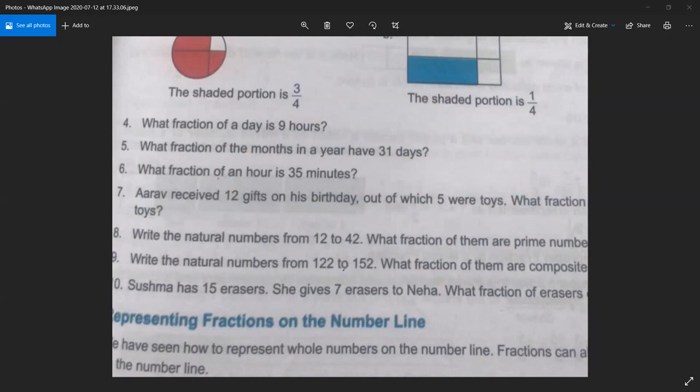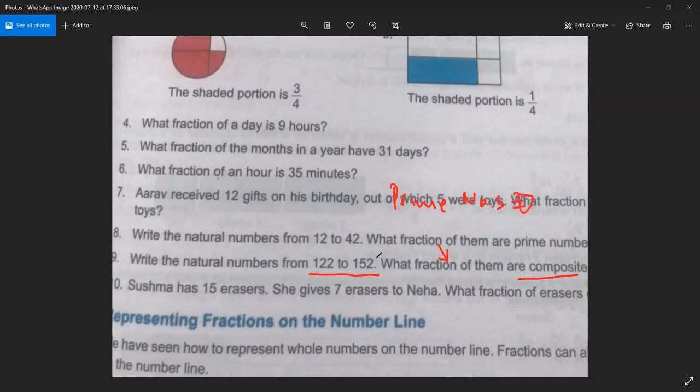So write the natural numbers from 122 to 152. What fraction of them are composite? Would you be able to do this? Yes, sir. Okay. So first you find the prime numbers. They'll be easier to find. Rest are composite.